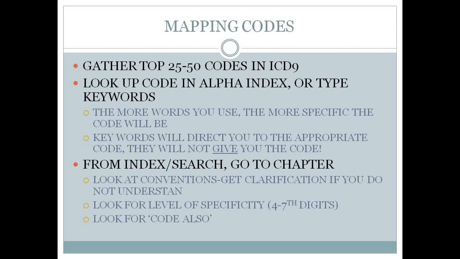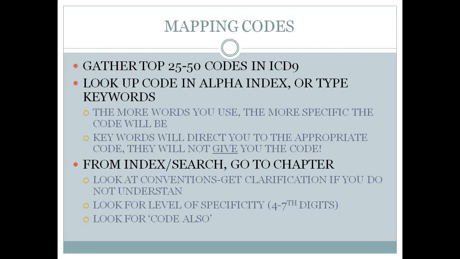Now, please understand that your mapping software will not give you all you need. It just won't. It's a starting point. So what you need to do is make sure that when you have your codes mapped over, you're still reviewing them for the highest level of specificity.